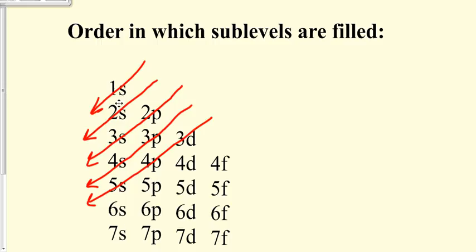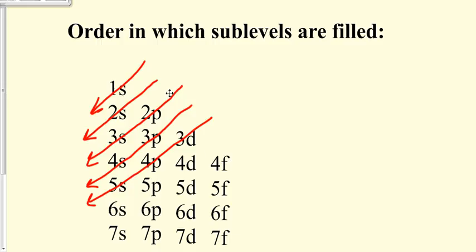So you start with 1s at the top and work your way down to 7s. In the next column, you start the p's, which begin at principal energy level 2. So there's a 2p down through a 7p. Sublevels d begin on the third principal energy level, so 3d down to 7d. And then the f sublevels begin with principal energy level 4, so you start that column at 4f and work your way down.